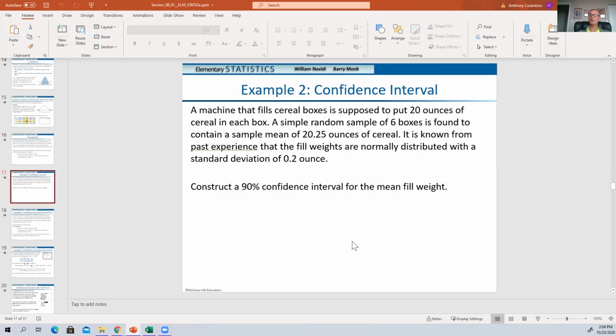So remember from the central limit theorem, we can use it if the actual distribution is normal, even with an n value less than 30. And they give you the population standard deviation of 0.2, and they want a confidence interval of 90%.